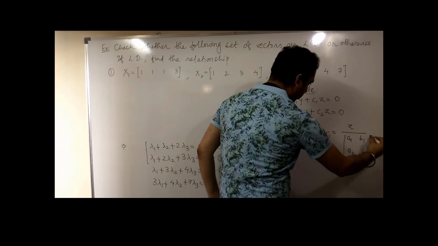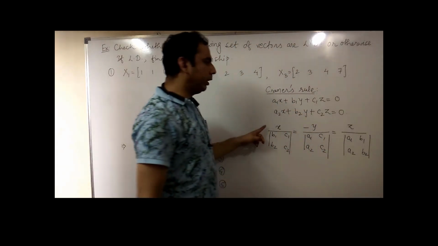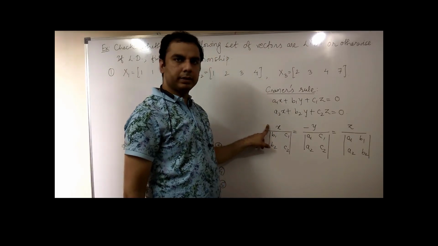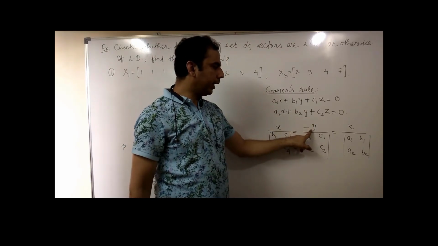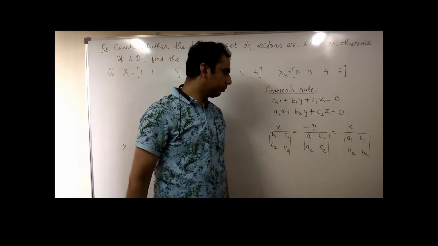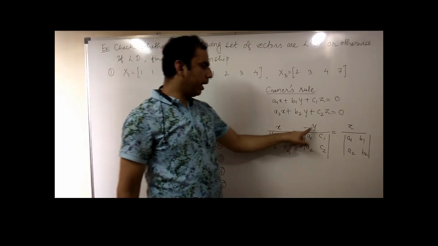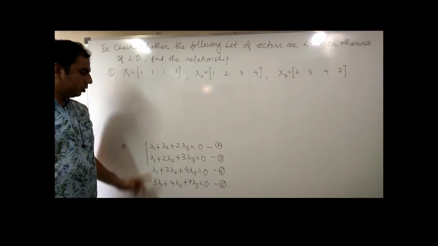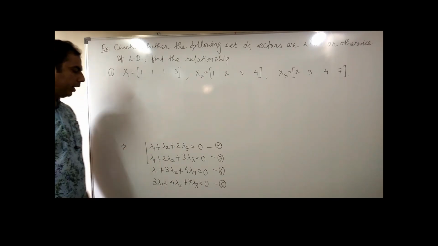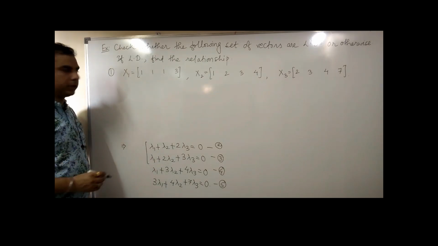So this is how we can obtain the values of x, y, z. So remember, we are taking here x positive, then y negative, then z positive. So plus minus plus. So coming back to this equation, we are considering the two equations, second and third, and we will solve them using Cramer's rule.